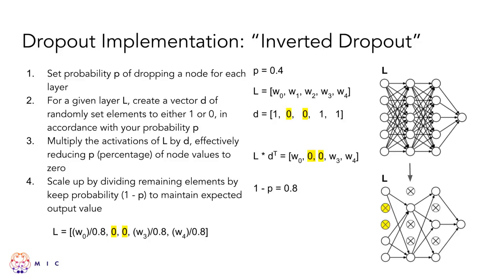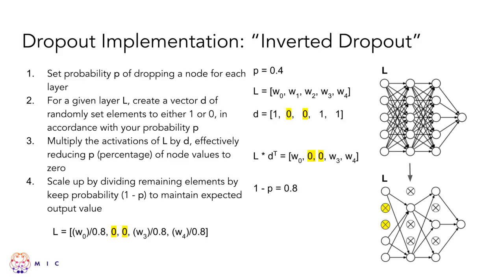Okay. So having now effectively removed P percentage of nodes from your layer, what you will now do is scale up the value of these remaining nodes by your quote-unquote keep probability, which is 1 minus your drop probability, which in this case would be 0.8, to maintain the expected output value.